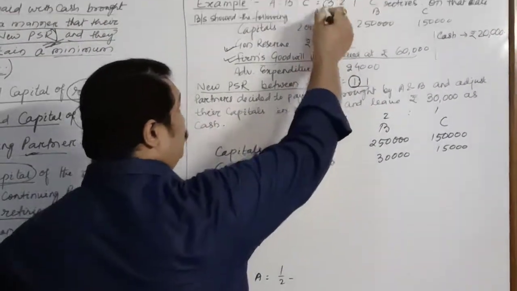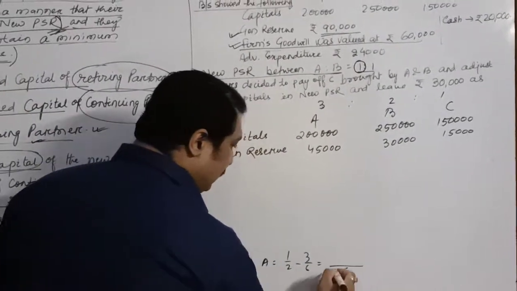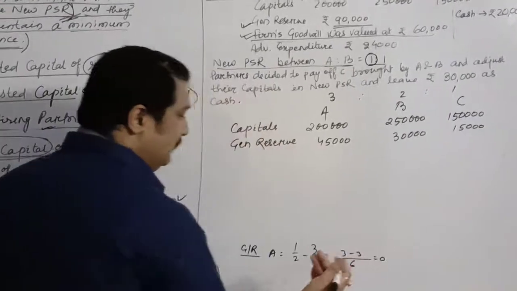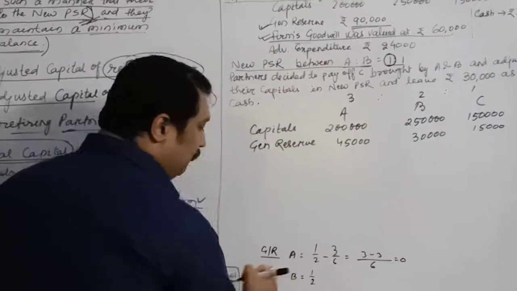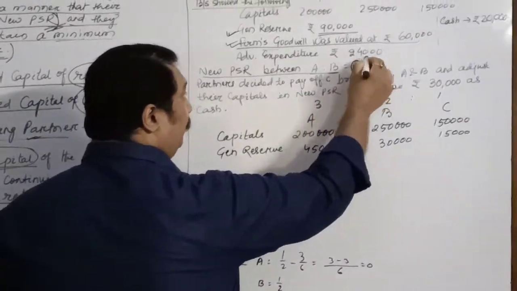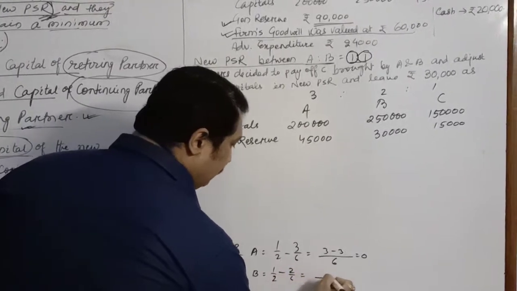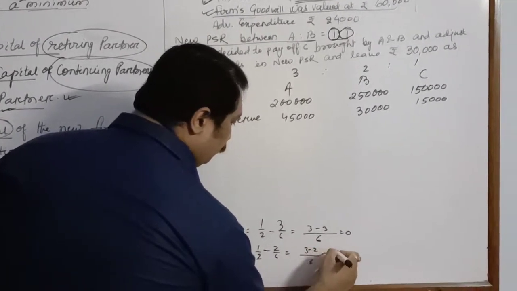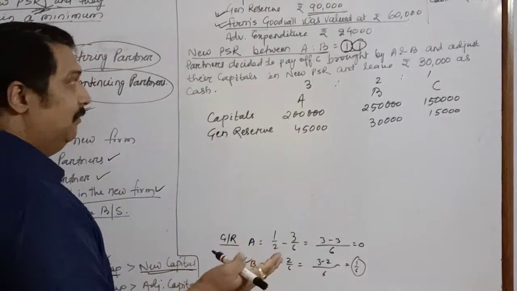Minus what is the old ratio of A? 3/6. So if you see, it is 3/6 minus 3/6, neither gaining nor sacrificing. B, new ratio is 1/2. Old ratio is 2/6. So if you take the LCM, 3 minus 2, it is 1/6. That means only B is gaining.